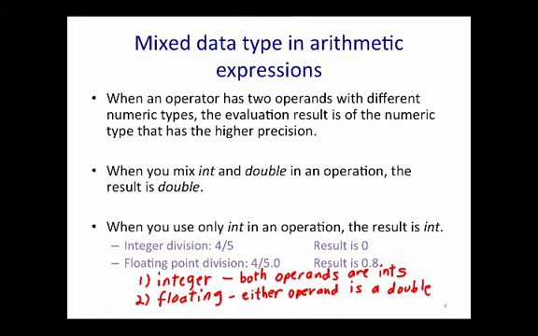Down here you see that the result of 4 divided by 5 is 0 because they're both integer operands, and therefore we do integer arithmetic. Whereas down here, because one of the two operands is a floating point number, the result is 0.8.